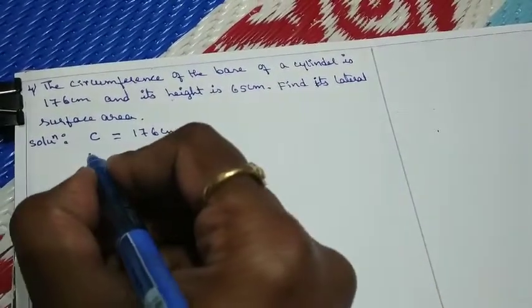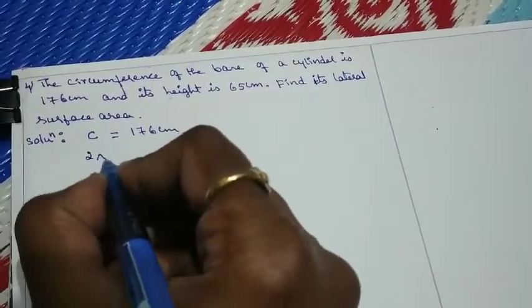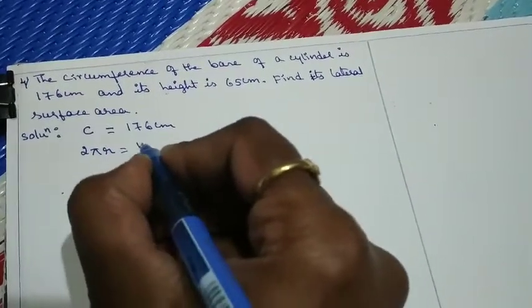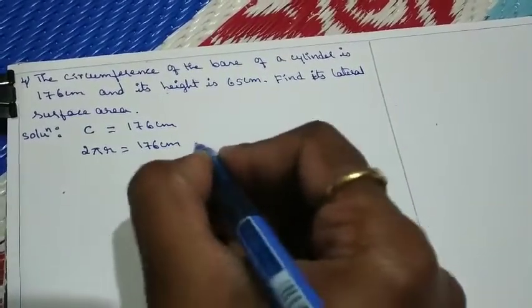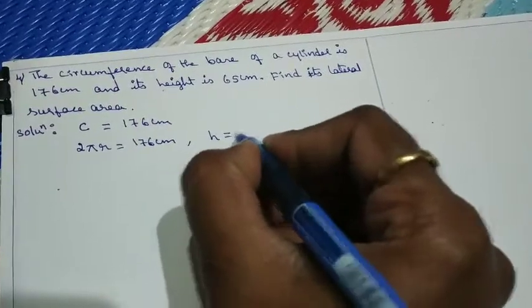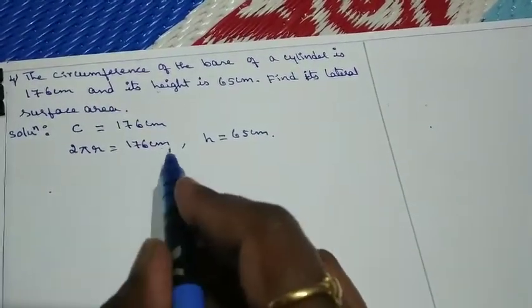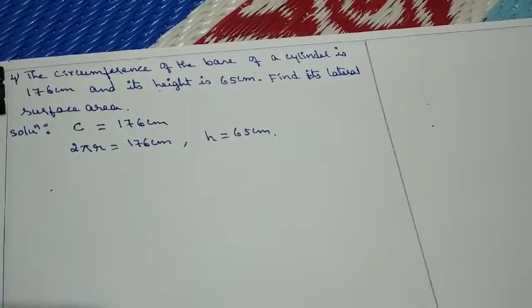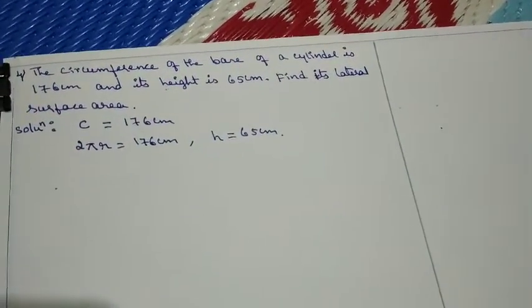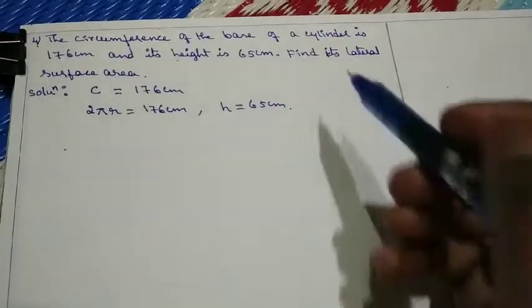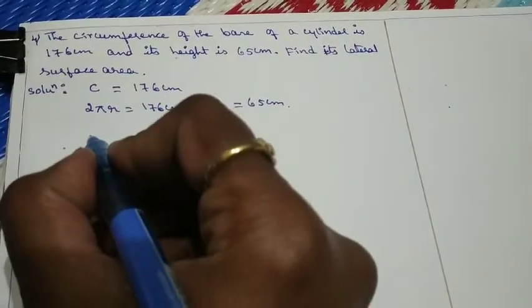That is, circumference of circle is 2 pi r, whose value equals 176 centimeter, and the height is given as 65 centimeter. Here circumference is in centimeter and also height is in centimeter. No need of conversion of any unit. And here it is asking to find the lateral surface area.